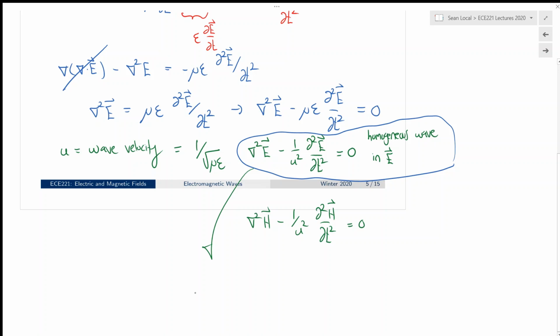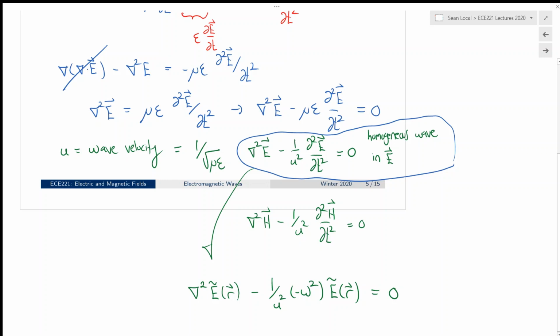We have Laplacian of E tilde, our phasor E, minus 1 over u squared. And then we have a double time derivative of E. And we saw that that turns into a minus omega squared. So we put that here. And then E becomes E tilde, our phasor expression that only depends on space.